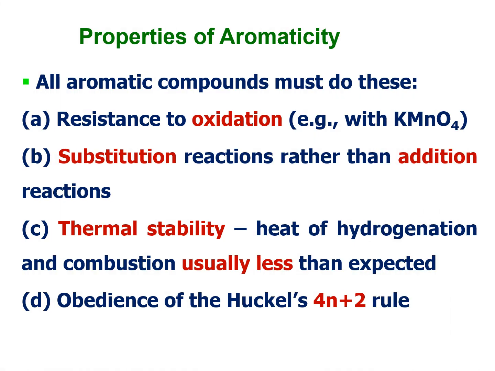The properties of aromaticity. Every aromatic compound cannot undergo oxidation, so they cannot react with permanganate. They cannot undergo addition reactions, but they must undergo substitution type reactions. Thermally, they are stable. This is evident because the heat of hydrogenation and combustion is usually less than that expected.